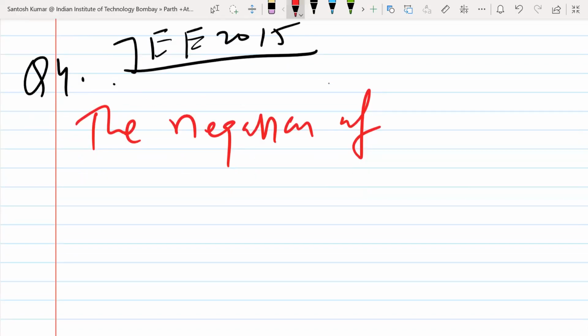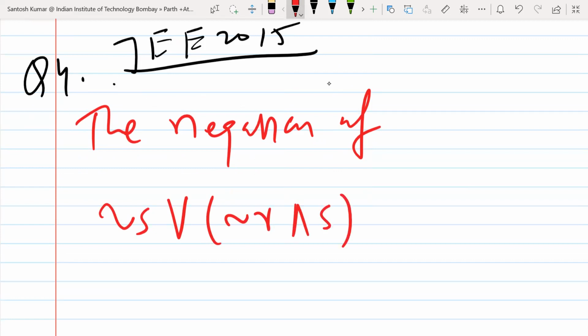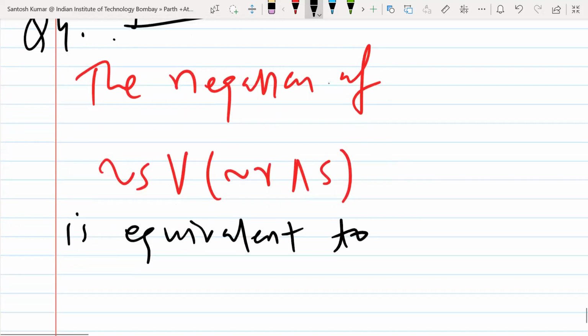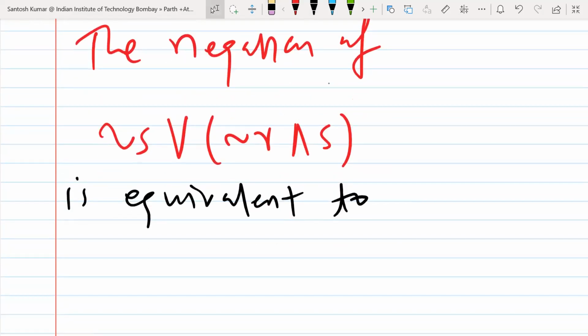Okay, so the question number 4, JEE 2015: the negation of (not S or not R) and S is equivalent to.